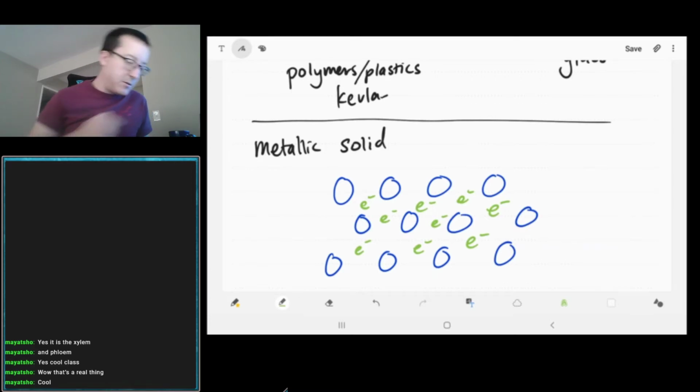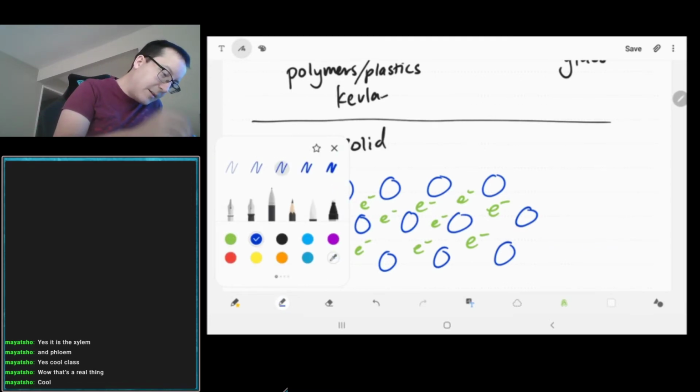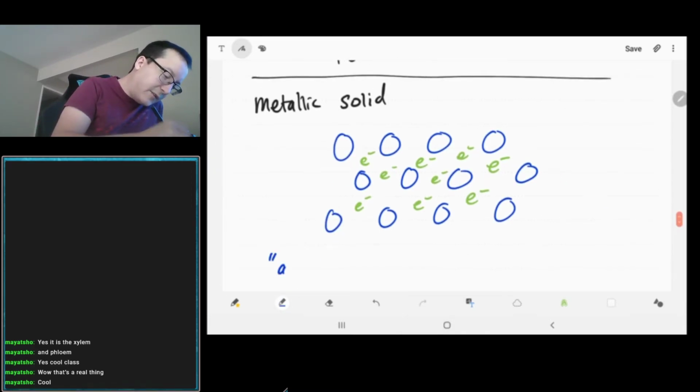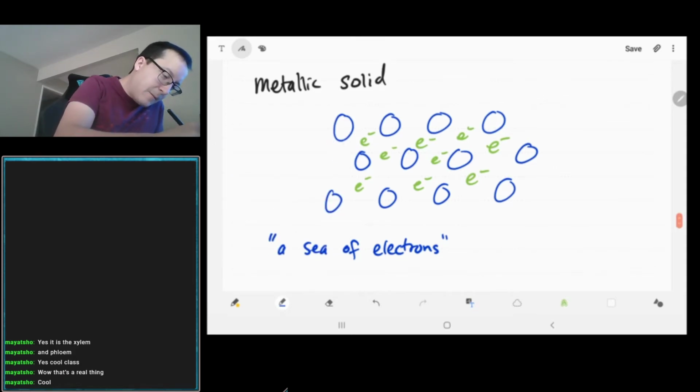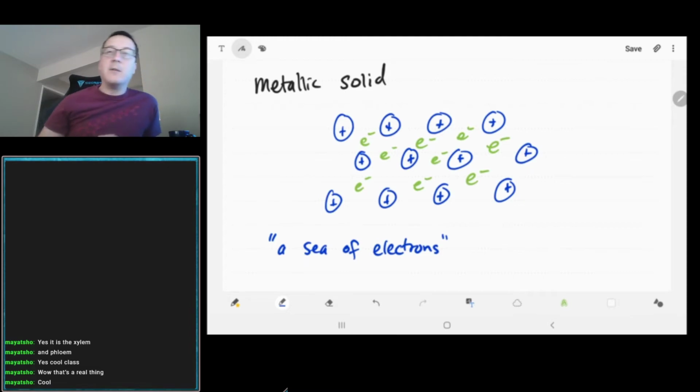And as a result, metals are sometimes described as a sea of electrons. So the metals that lose their electrons are all going to be positively charged a little bit. And the electrons are just going to be hopping around between different positively charged metal atoms.